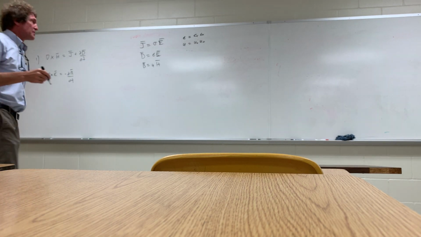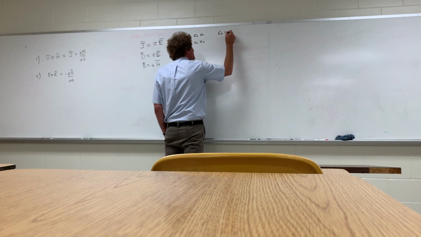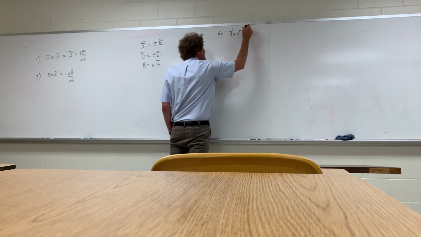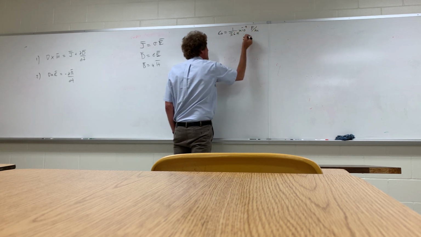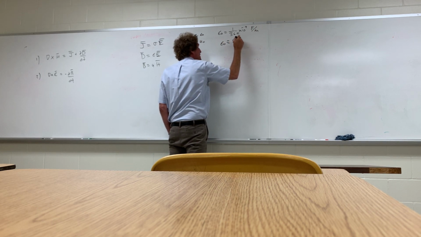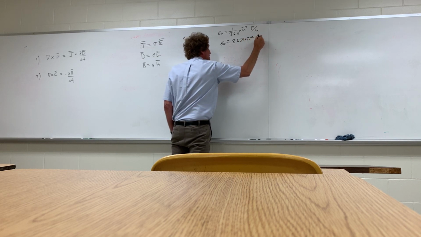Epsilon naught is 1 over 36 pi times 10 to the minus 9 farads per meter, or about 8.854 times 10 to the minus 12 farads per meter.